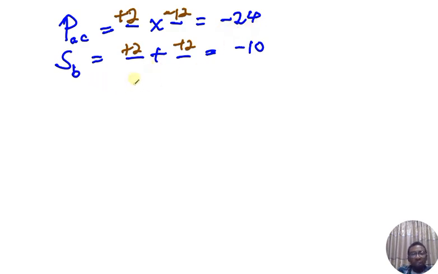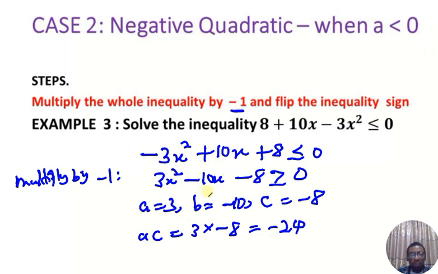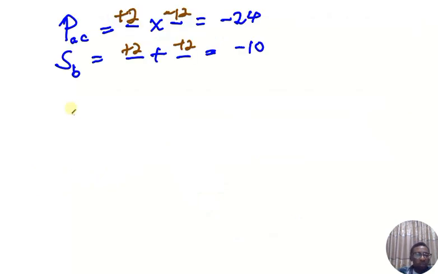So the idea is that I'm going to replace the minus 10x here with plus 2x minus 12x. So I would have 3x squared plus 2x minus 12x.